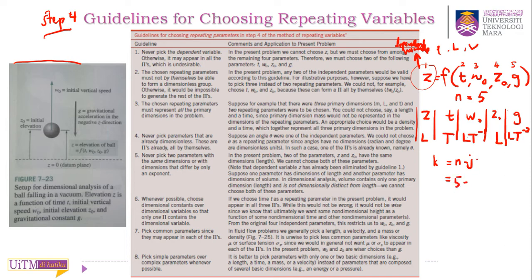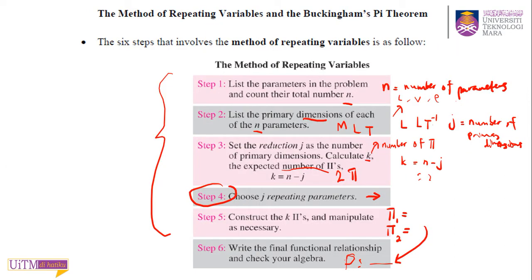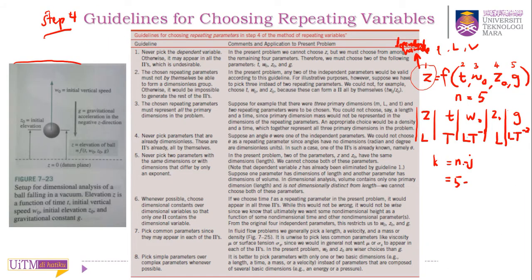What about j, the primary dimension number? Can someone tell me? Just guess or try. The number of j is the number of primary dimensions. In the second step, you listed your primary dimensions.